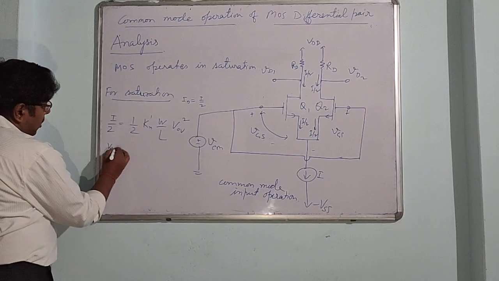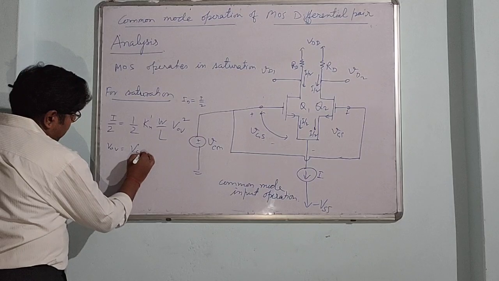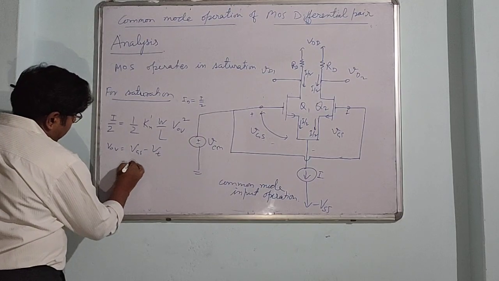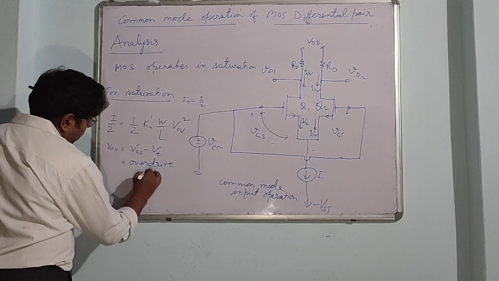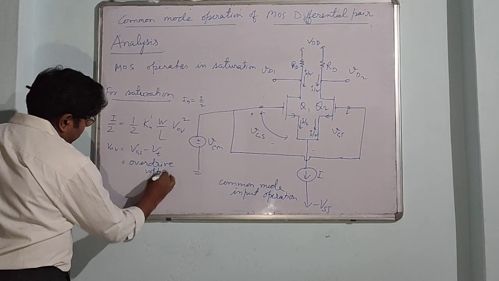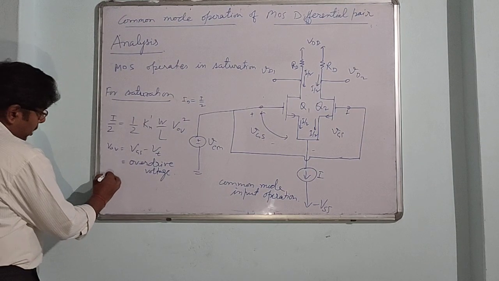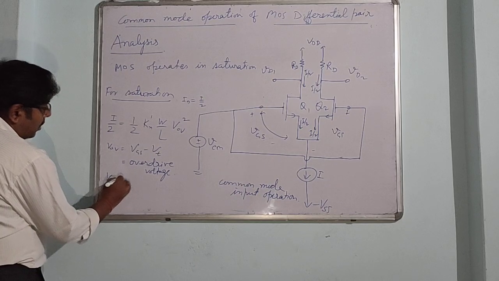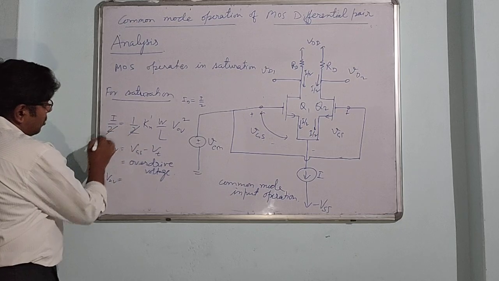Here, what is VOV? This is VGS minus VT and is called the overdrive voltage. So from here we can calculate the overdrive voltage also. This is cancelled out.